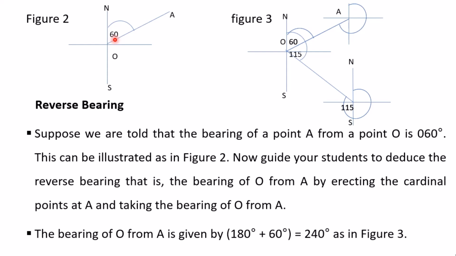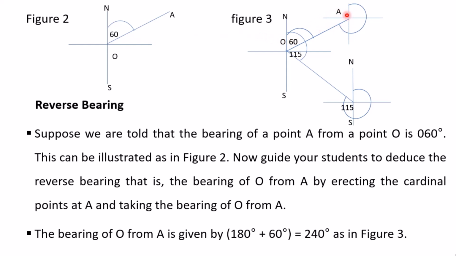We can now guide our students to deduce the reverse bearing, that is the bearing of O from A. Initially we had A from O. Now we want O from A.